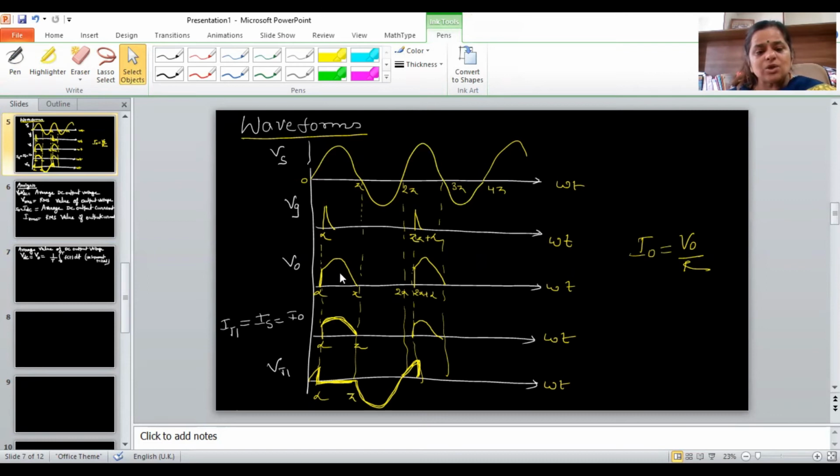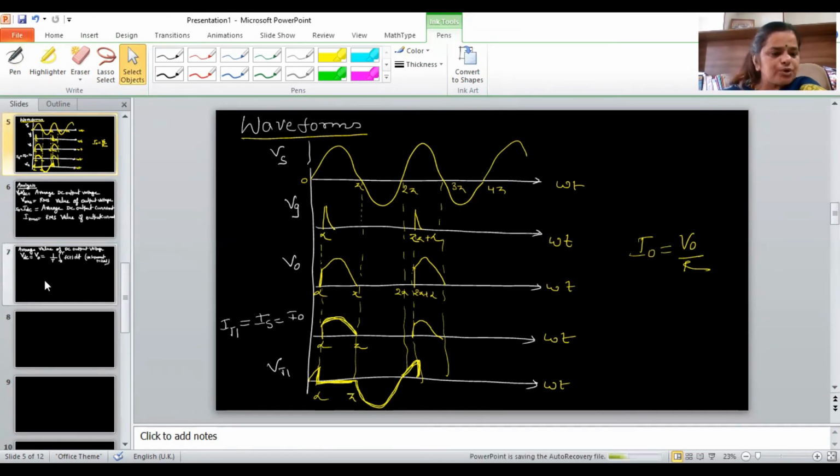Whereas the output voltage is not a symmetrical function, because we have a positive cycle, but we don't have the same function in the negative cycle. So a symmetrical function is symmetrical to the x-axis as well as the y-axis, whereas an unsymmetrical function is not symmetrical to the x-axis.